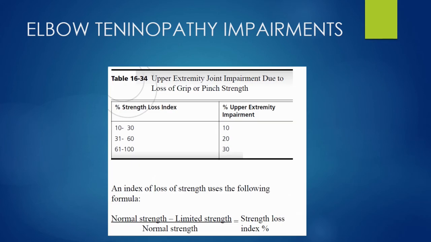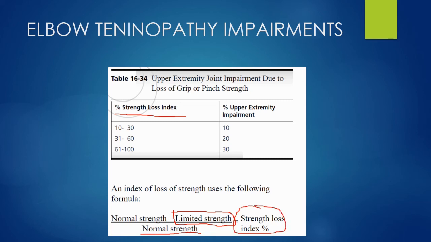So once you have your grip strength values in both the dominant and non-dominant upper extremity, in both the involved and the uninvolved upper extremity, then all you have to simply do is calculate the strength loss index by taking the normal strength value from the charts, subtracting the limited strength that's provided to you by your examinee, and dividing that by the normal strength again, as it's described in the tables in the AMA Guides, to come up with a strength loss index.